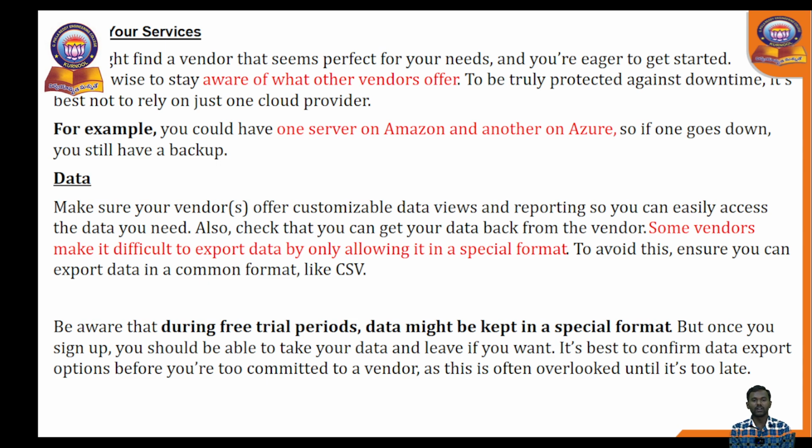So be aware during the trial period: they will offer the data in all formats, but once the trial period is over, users are allowed to download and upload data in only specific formats. So make sure the service is available in all formats, both during the trial period and after the trial period.